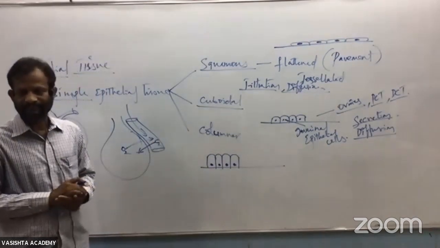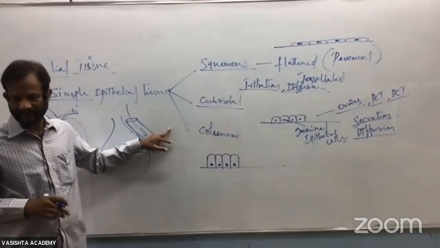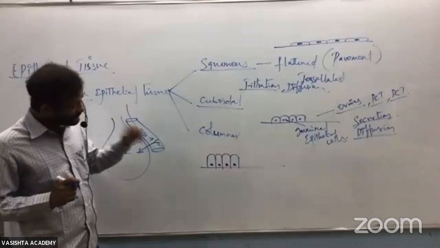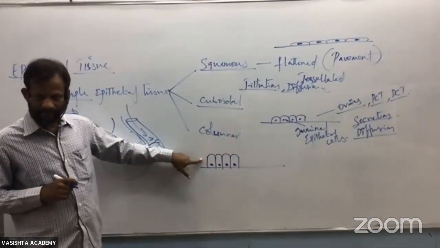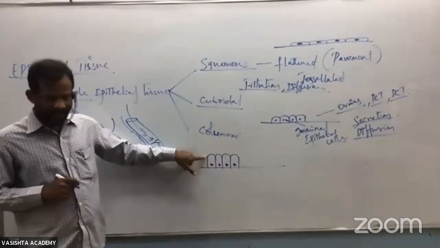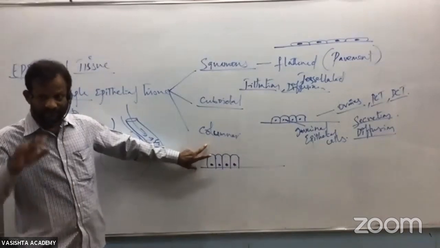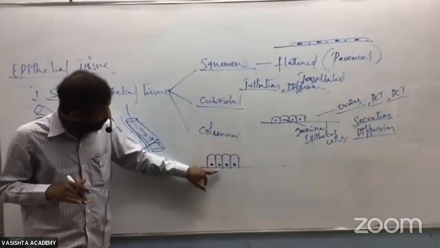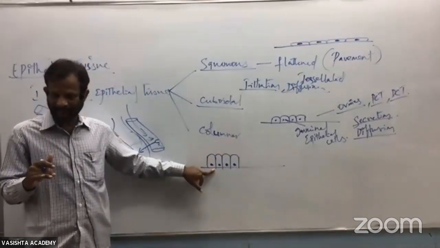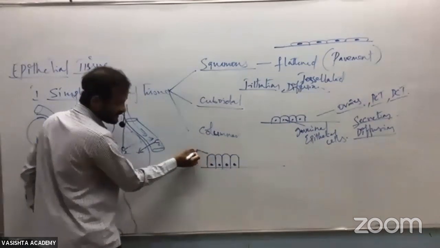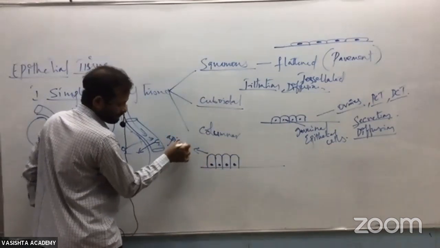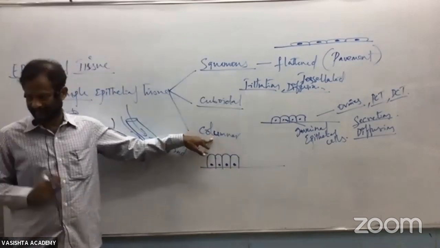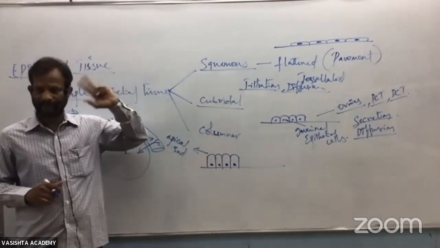So this is one type of simple epithelium. Now, if I am showing this tissue, a group of cells, these cells have a free surface. The topmost surface is very free. The bottom surface is attached to the basement membrane. That's why we call this end the apical end, or that surface the apical surface. Apex means tip, top.